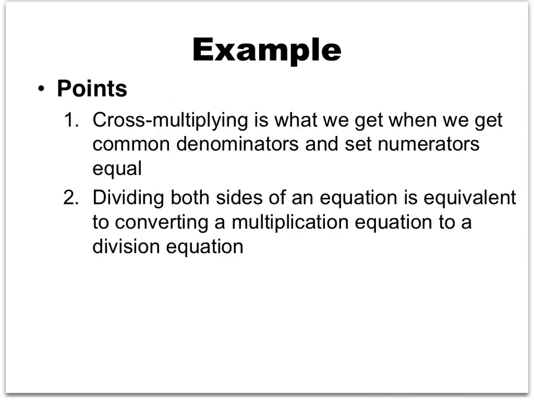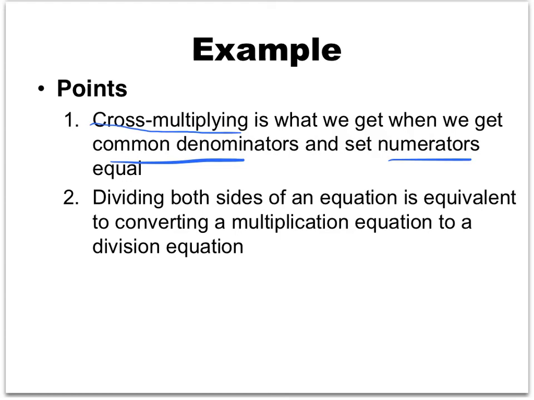So 2 points here I hope that we note. Number one, that cross multiplying is what we get when we get common denominators and set numerators equal to each other. So cross multiplication is really just a shorthand way of getting common denominators and then setting the numerators equal.